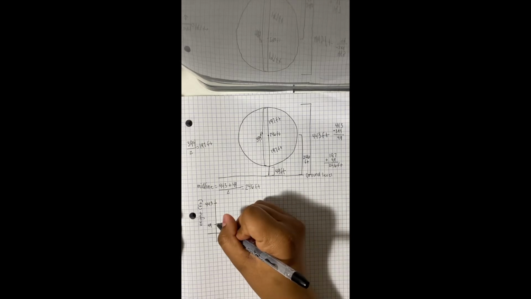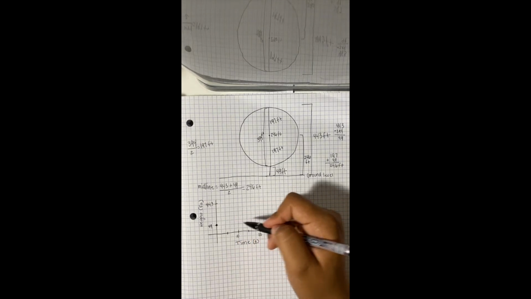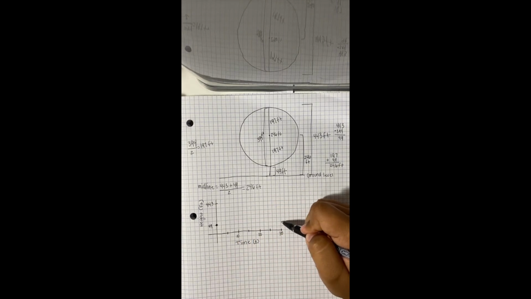Then I plotted my first point at the height of 49 feet and a time of 0. Then I plotted another point at the height of 49 feet and a time of 30 minutes, because that is the point when one full revolution occurs.